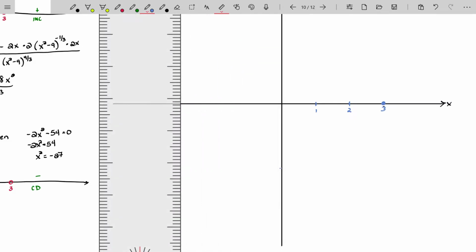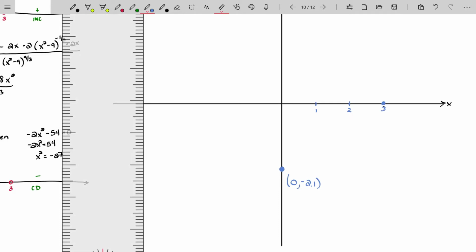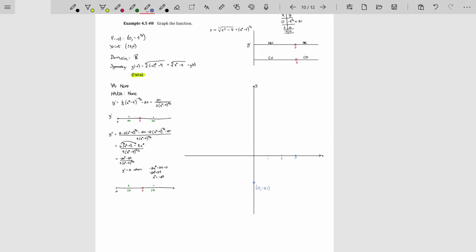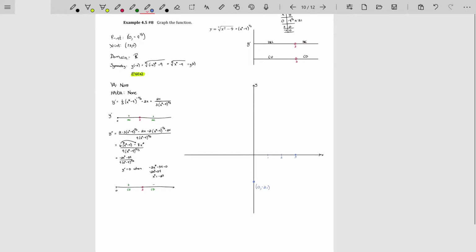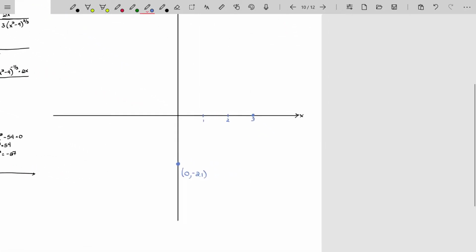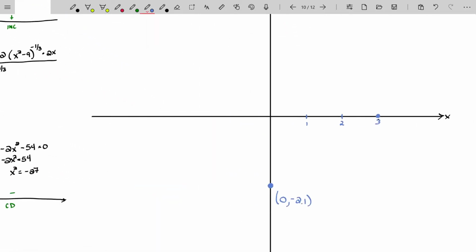So this is roughly right here, (0, negative 2.1). All right, now I don't need this ruler anymore. Between 0 and x equals 3, it's increasing and concave up, and then it switches to be increasing and concave down. And remember, the derivative does not exist at 3.